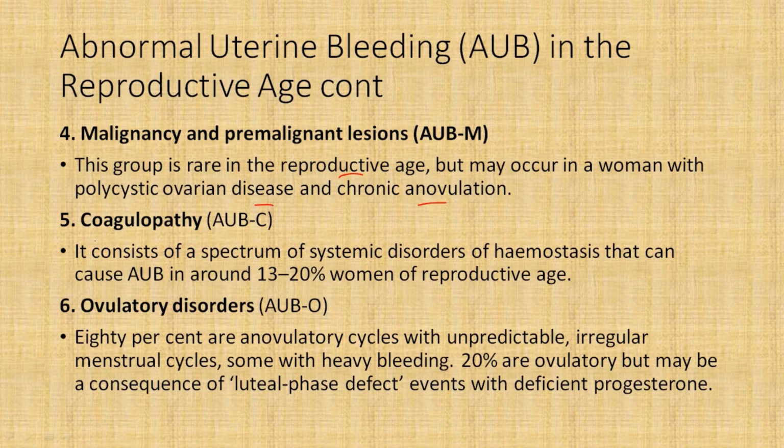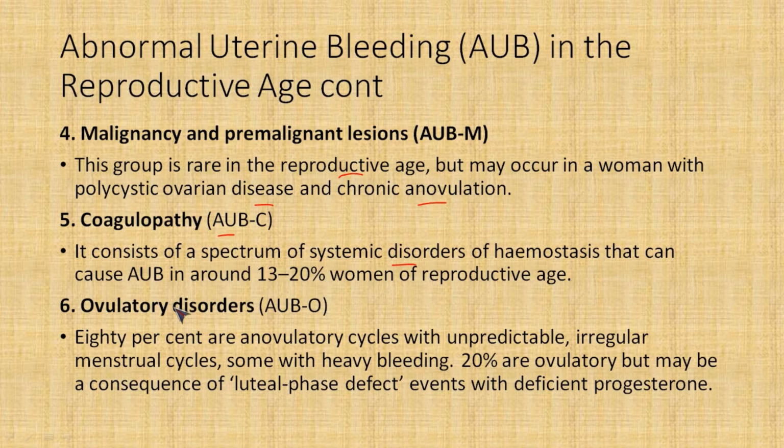Fifth, which is coagulopathy, is AUB-C. It consists of a spectrum of systemic disorders of hemostasis that can cause abnormal uterine bleeding in around 13 to 20% of women of reproductive age.